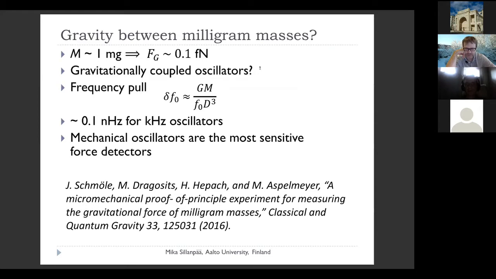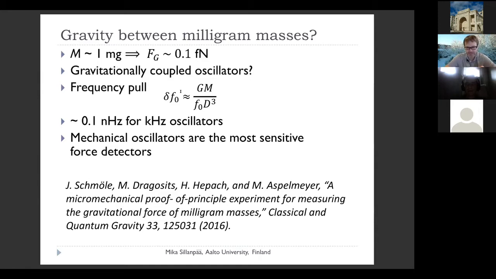The answer is that it is huge, because it's 10 orders of magnitude bigger than what you get from the mass sensitivities of some nanomechanical mass sensors. So this is instantly observable. However, the problem is that gravity is produced by other things as well, in addition to these masses.